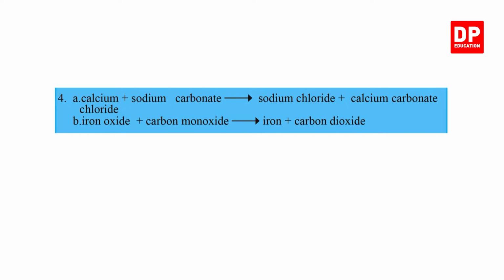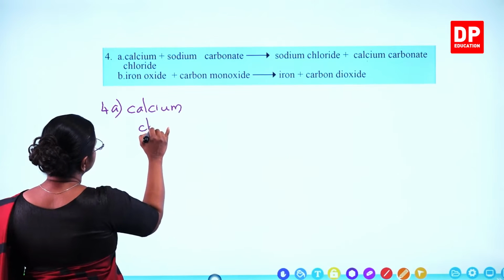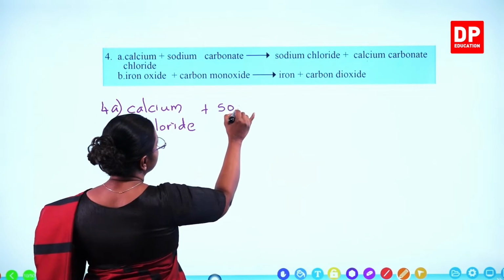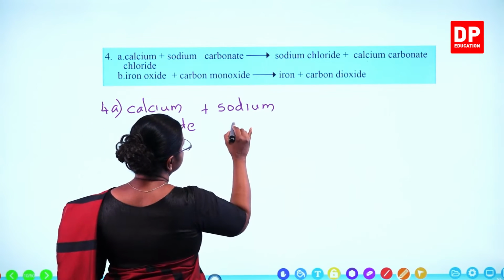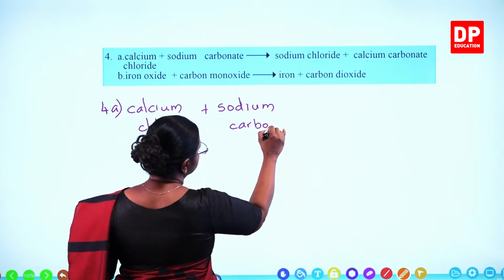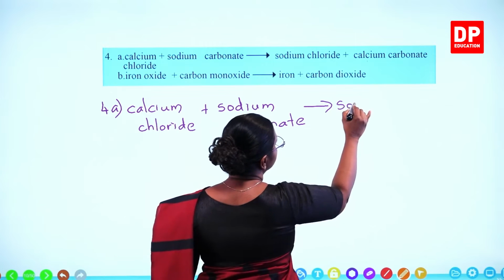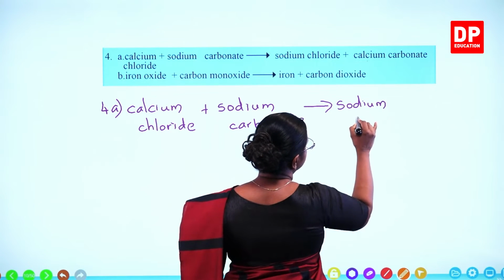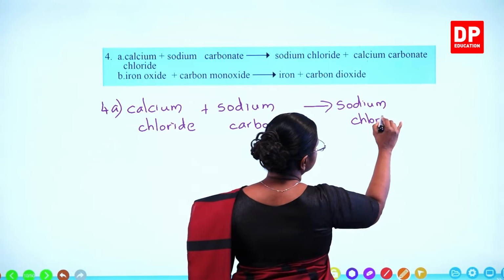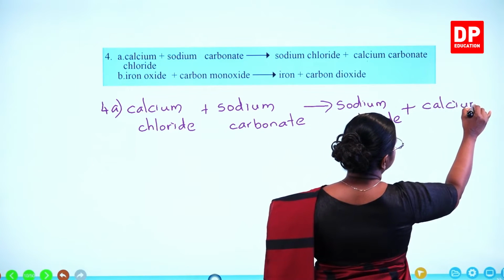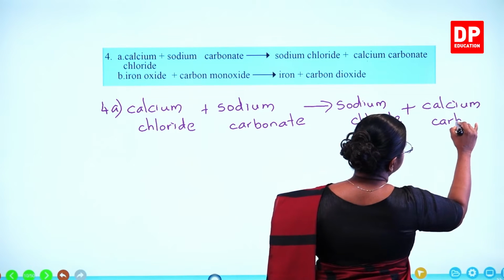Fourth one, calcium chloride plus sodium carbonate giving rise to sodium chloride plus calcium carbonate.